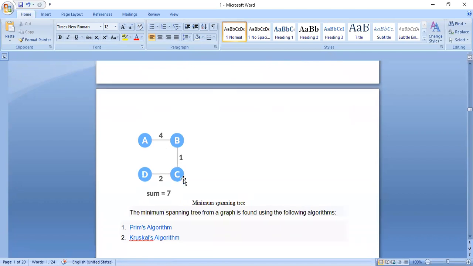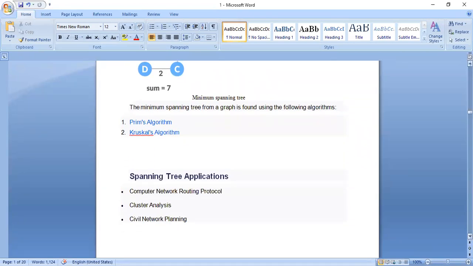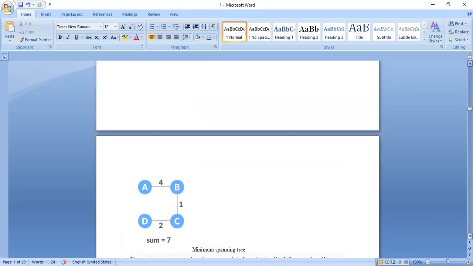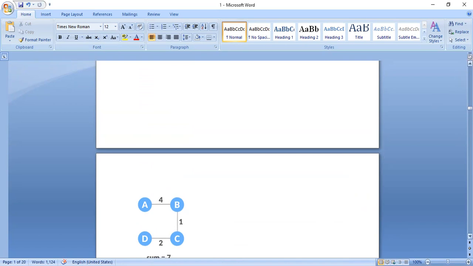Next, A to B, B to C, C to D. Sum is equal to 7. So these are the different spanning trees available. One is having weight as 7, one tree. Sum of the edges weight is 7.